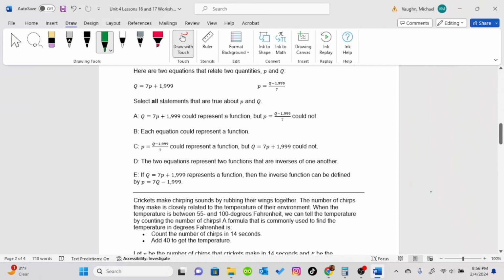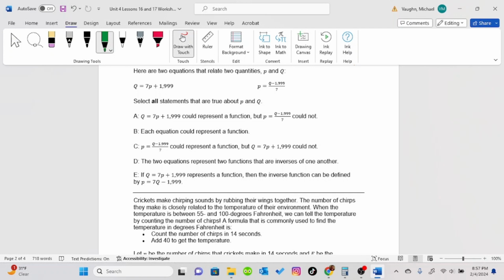Here are two equations that relate two quantities, P and Q. Select all statements that are true about P and Q. Choice A. Q equals 7P plus 1,999 could represent a function, but P equals (Q minus 1,999) divided by 7 could not.